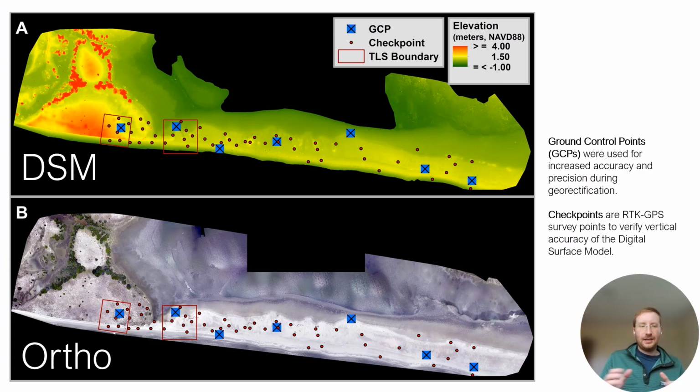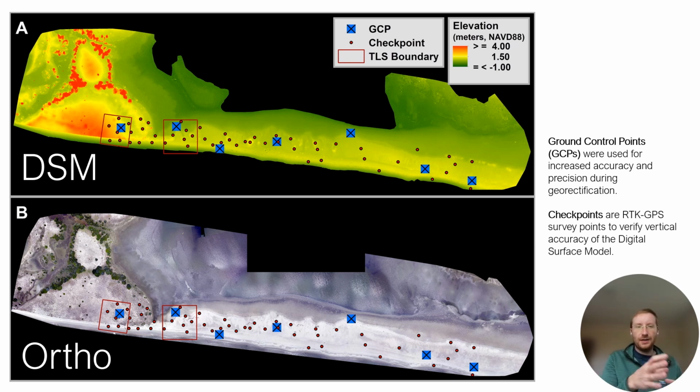Here we're looking at the western end of that sandy shoreline I showed you. This is the western end of Bird Shoal, the island that we've been using for the surveys. This is the survey area where we're conducting our accuracy assessment, and you're seeing here the digital surface model and the orthomosaic that were generated from our processing. I'm showing here how we distributed some of our ground control points across the survey area.